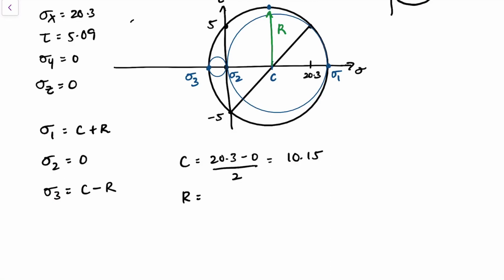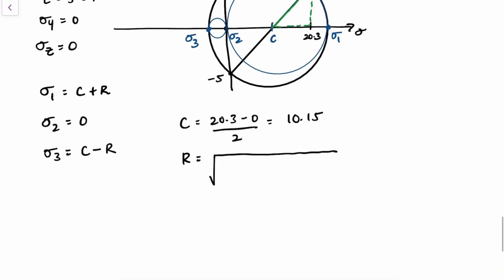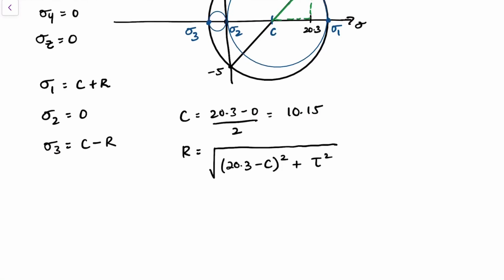And the radius is going to be the hypotenuse of this triangle right here. So this is also the radius, and the sum of squares is 20.3 minus c, the whole square, plus tau squared, which is 5.09. I can write this as sigma x minus c.